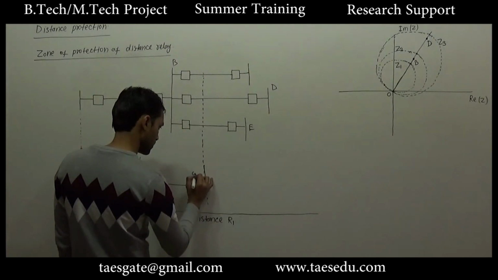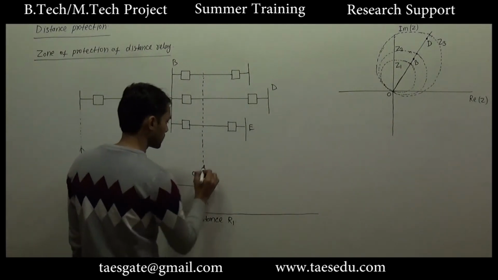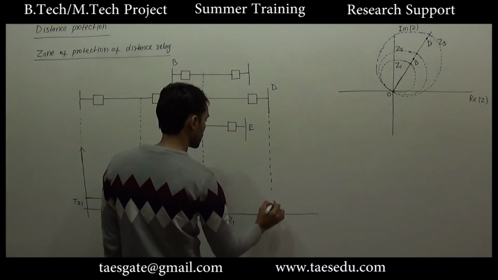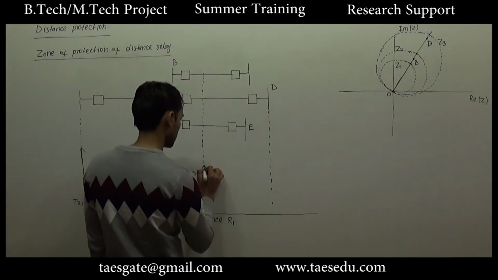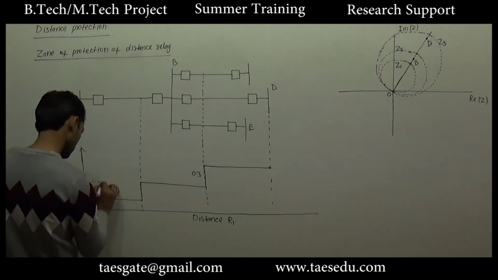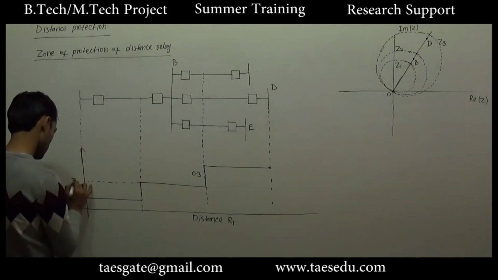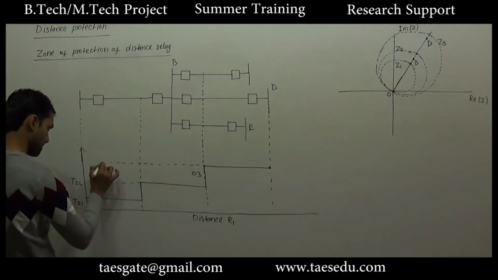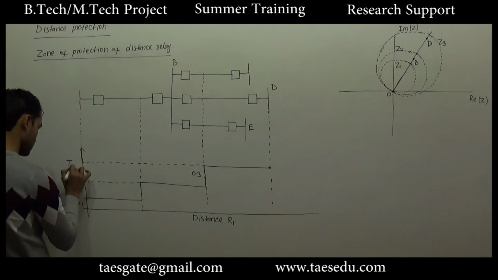So again we will have a jump of 0.3 second, and this will go up to 110% of this longest line. This is T zone 2, this is T zone 3.